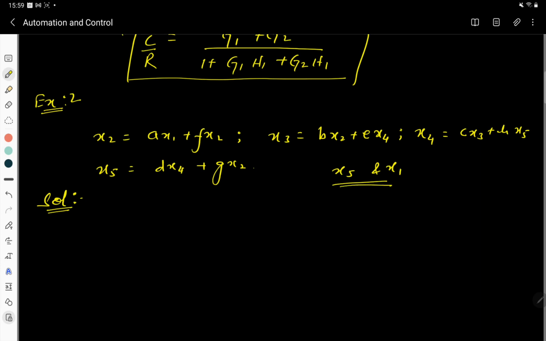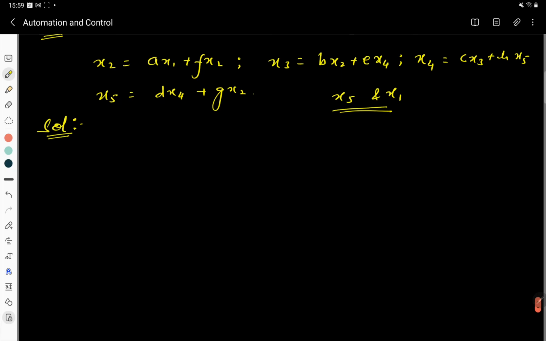Now first of all, let's represent these equations on a signal flow graph. Earlier we determined the equations by using a signal flow graph. Now we are drawing the signal flow graph from the equations, just vice versa. So one by one, taking the first equation: x2 equals ax1 plus fx2.